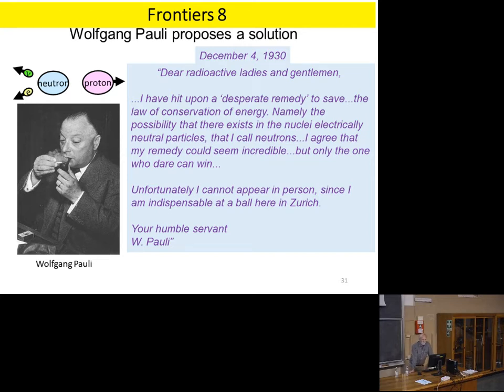So he said there was electrically neutral particles that I call neutrons. Notice the word neutrons. I agree that my remedy could seem incredible, but only the one who dares can win. Doing something radical. And unfortunately, he can't appear in person at whatever meeting they were talking about, since he's indispensable at a ball in Zurich.